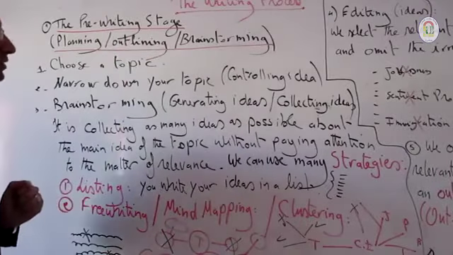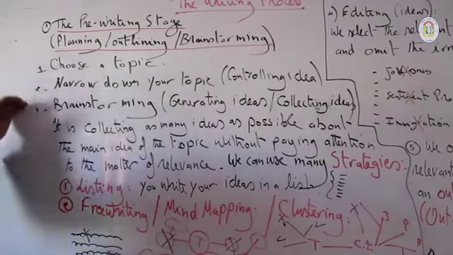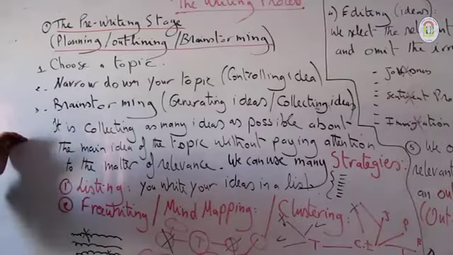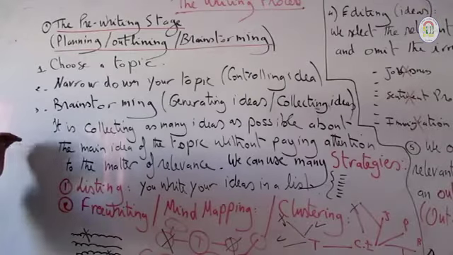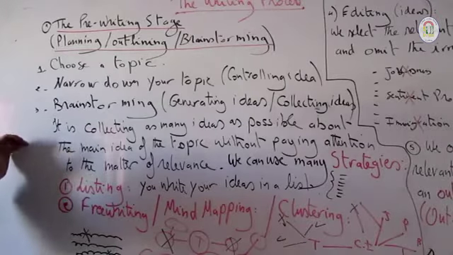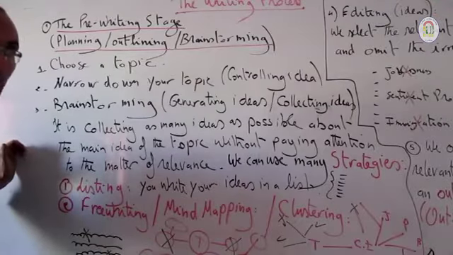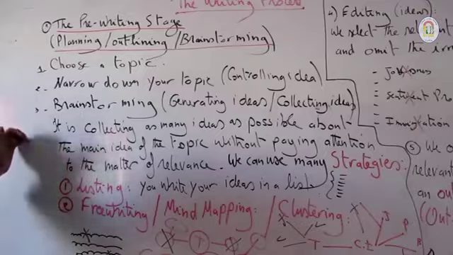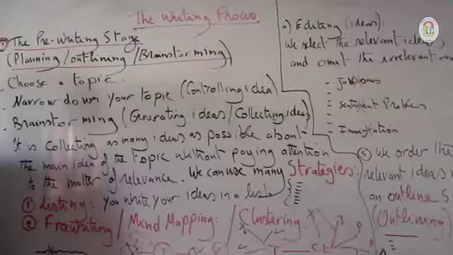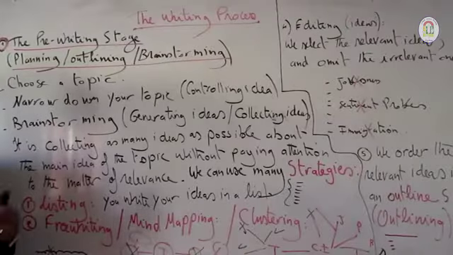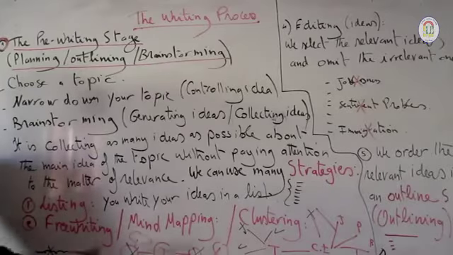The pre-writing stage, as you see, contains many steps which are organized and ordered methodologically to enable the learner and the writer to write correctly, without wasting his time, and to make him also follow a methodical way of writing.